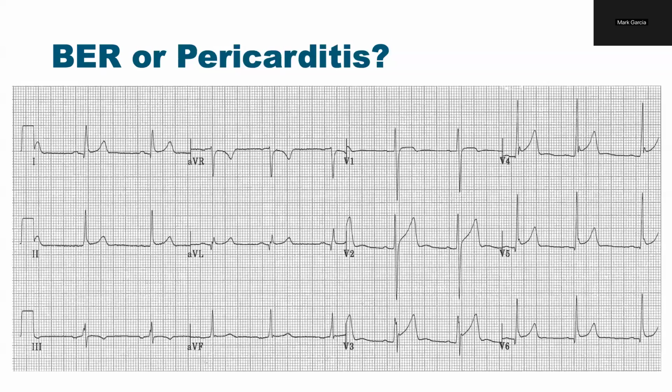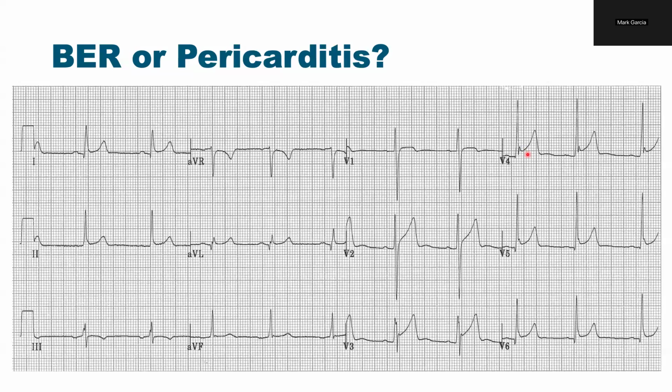But what you might be seeing is, oh, look, if you go to V4, there's a little notch there. There's a smiley face. It does look like a fishhook. So maybe this is BER. If you look at the ratio, that's a very tall T wave and a small ST elevation there, and the ratio is probably less than 0.25.